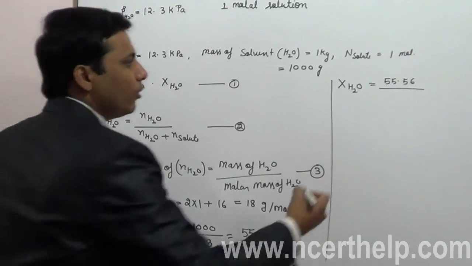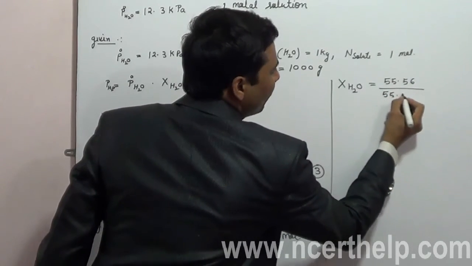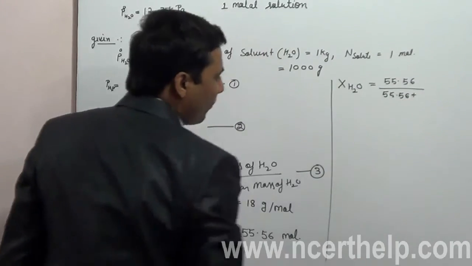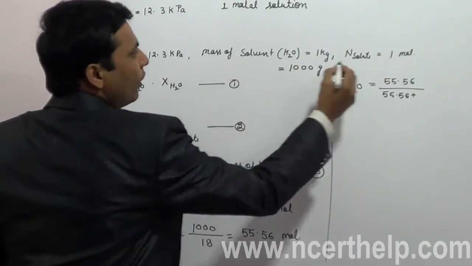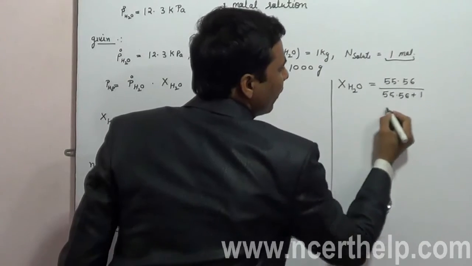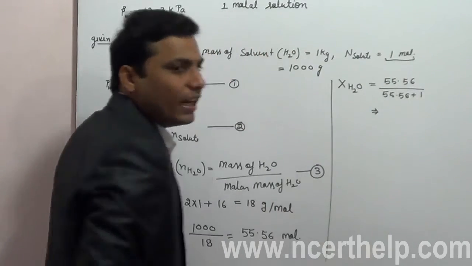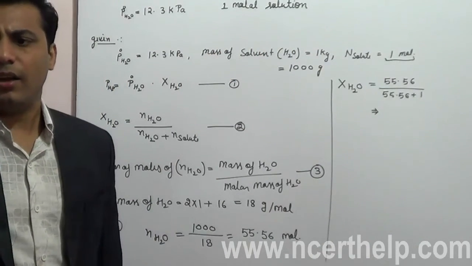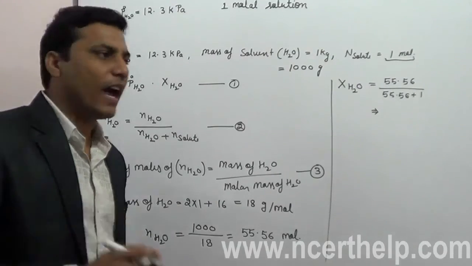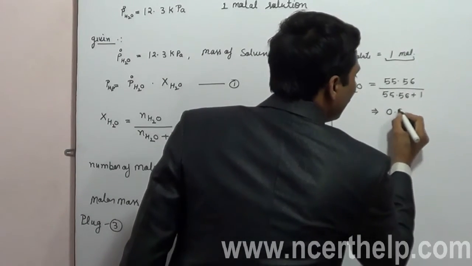Here the number of moles of H2O is 55.56 plus number of moles of solute, and we know it is 1. So plug the value here. Now calculate it, and after calculating it we get 0.9823.